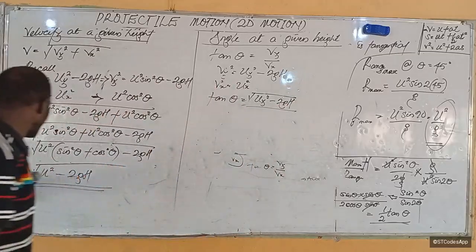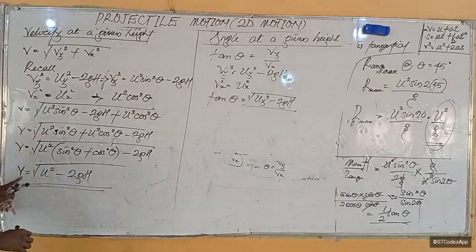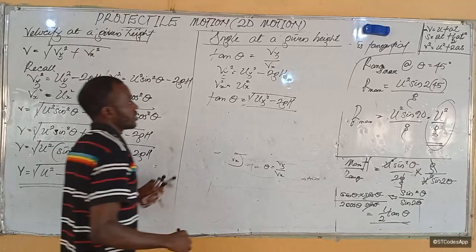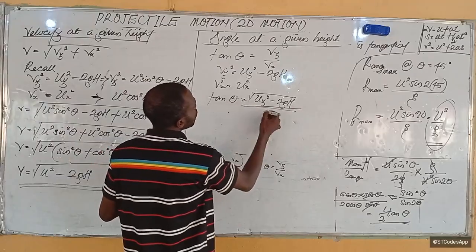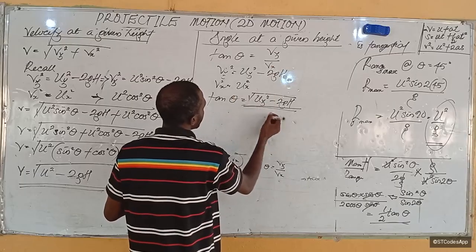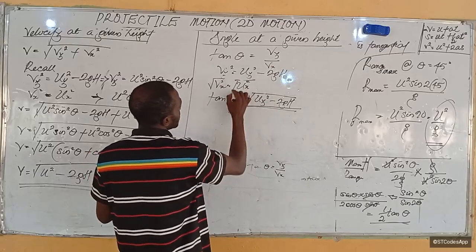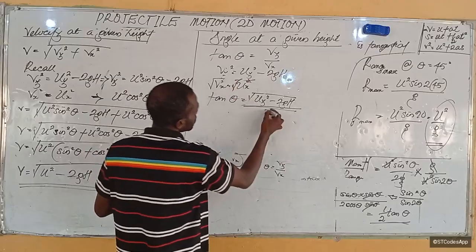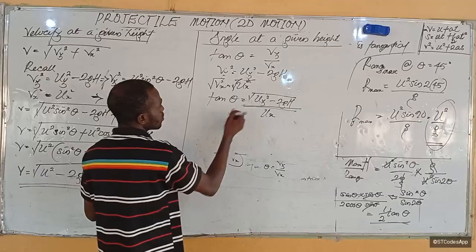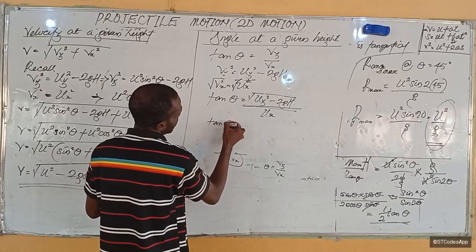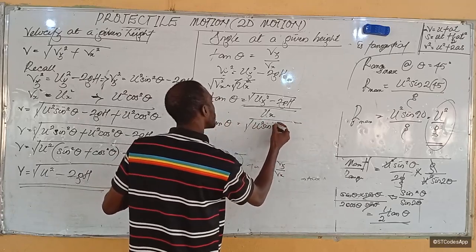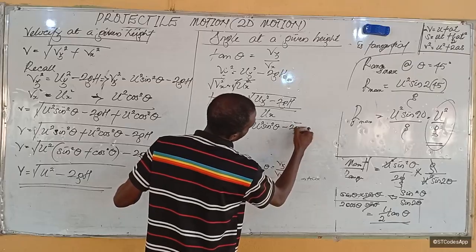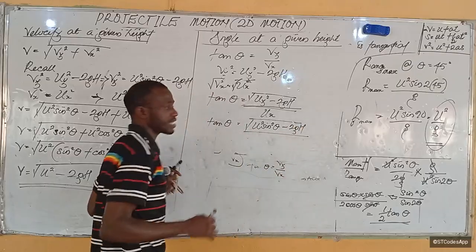Now keep in mind that this is the velocity vector, the actual velocity. This is not the y component or x component. Over V sub x is U sub x squared. I mean, if you take the square root of both sides here, the square cancels the square root, so it's still U sub x. So this shows you that tan theta is going to be the square root of U squared sine squared theta minus 2GH over U sub x here.